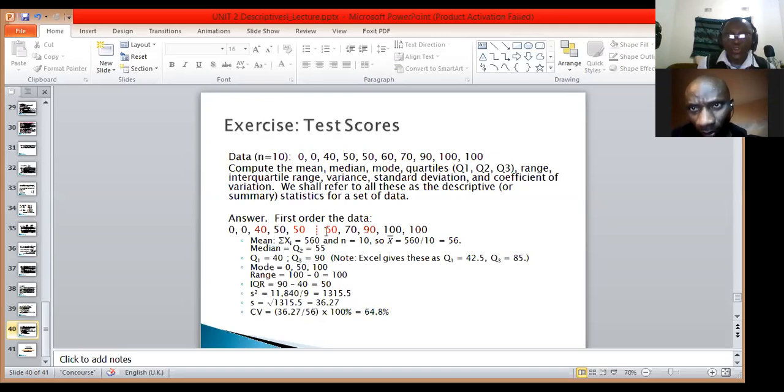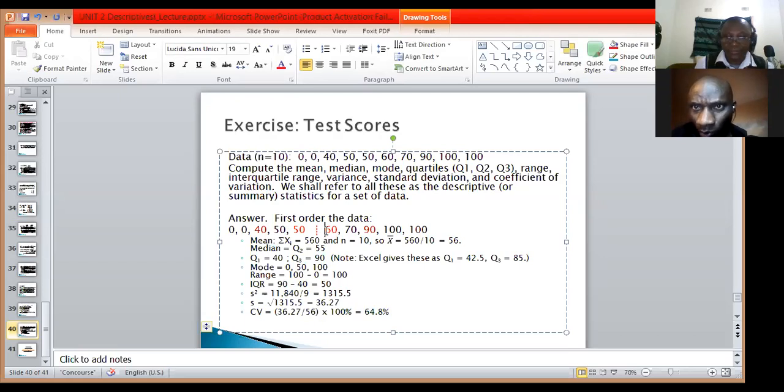You put brackets on this part and on this part. Your lower quartile is found in the first part and your upper quartile is found in the second part.